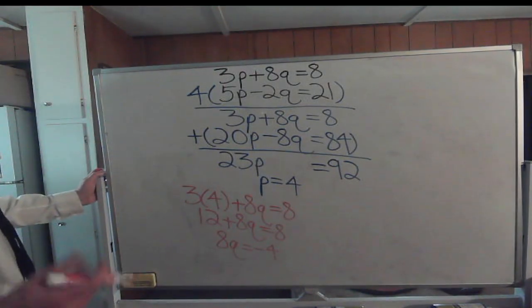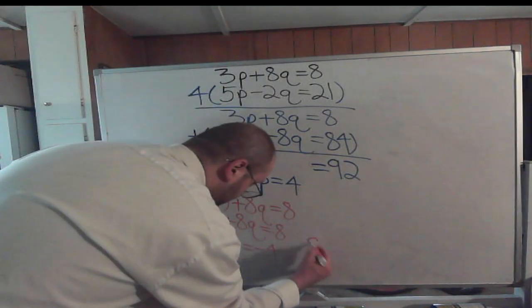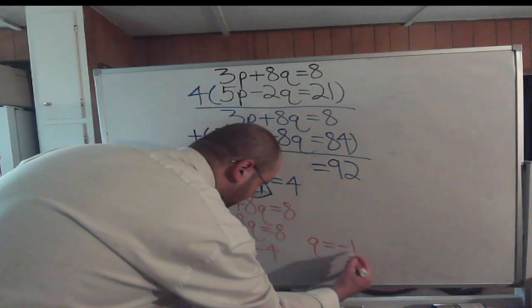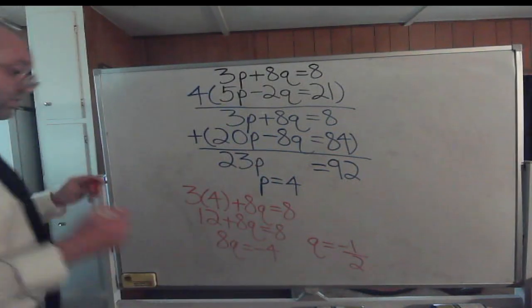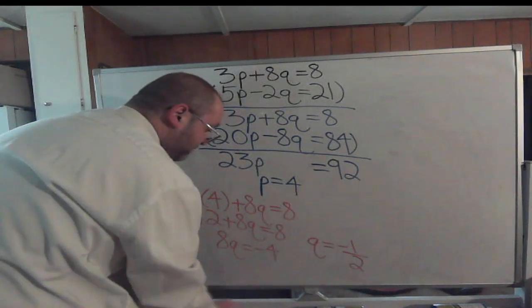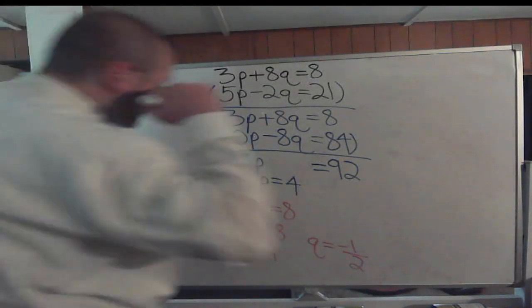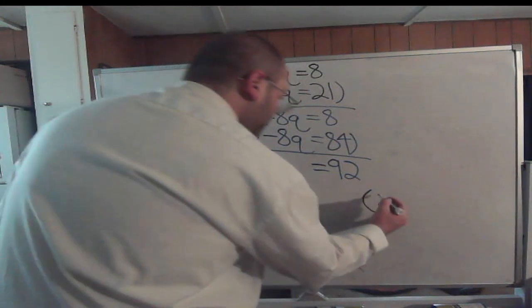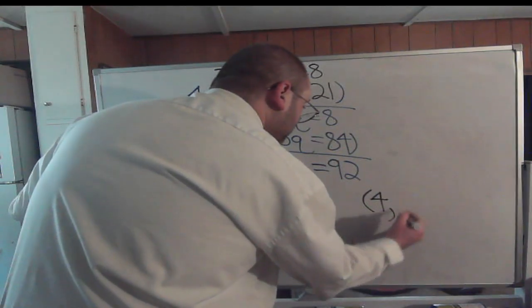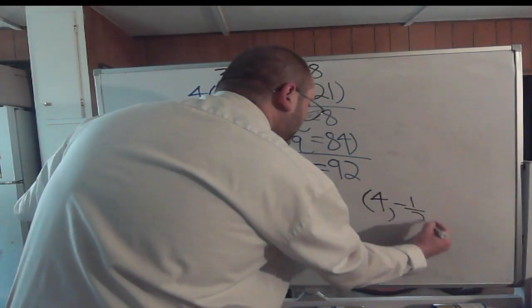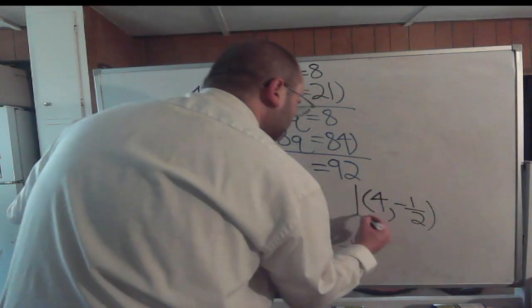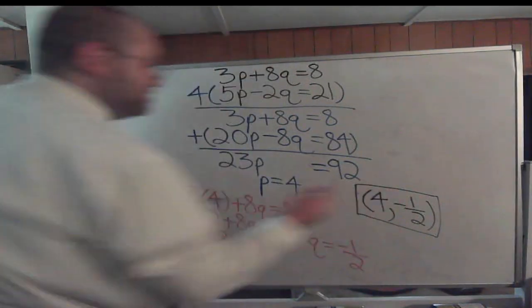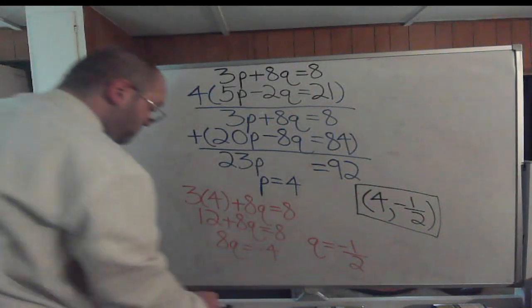So q would equal negative 4 over 8, or q would equal negative 1/2. So we got p being 4, q negative 1/2. So the ordered pair that's your solution is going to be 4, negative 1/2.